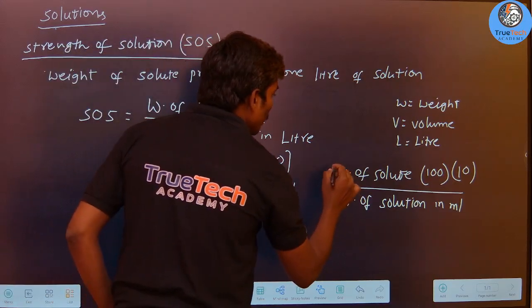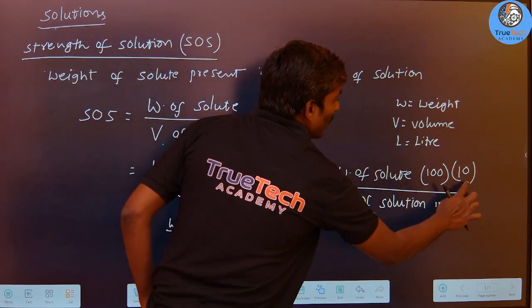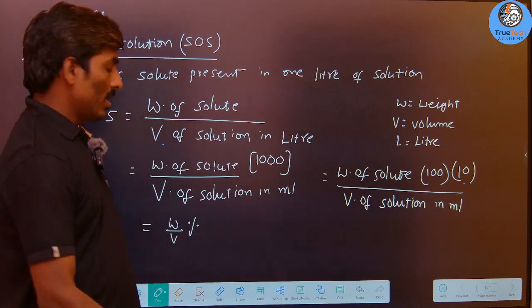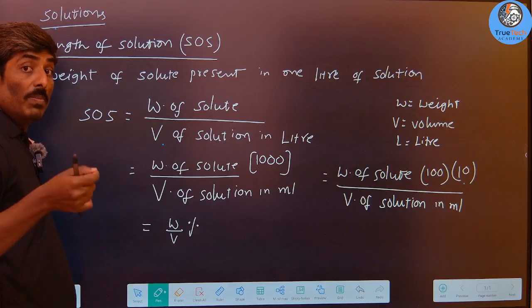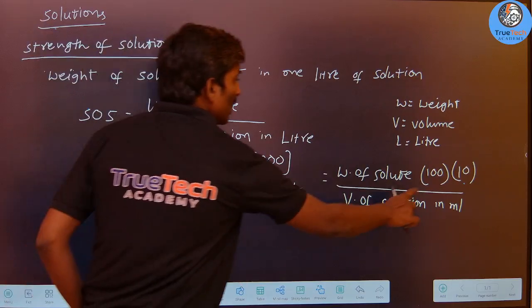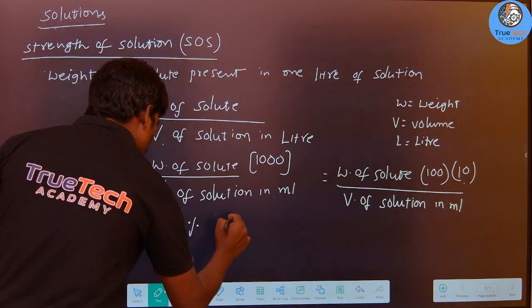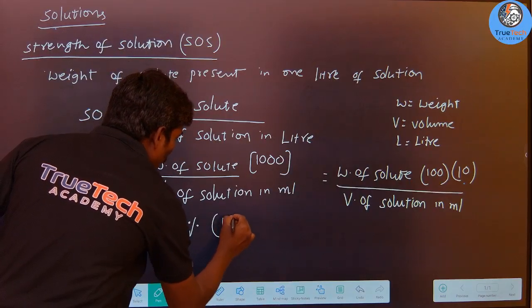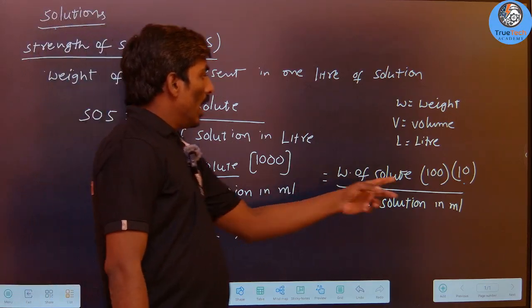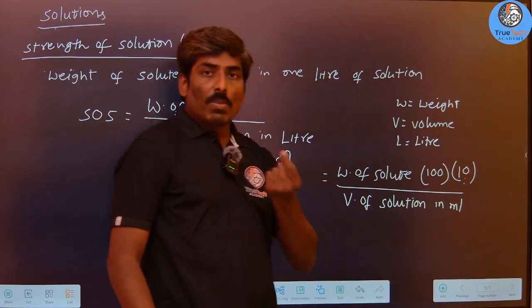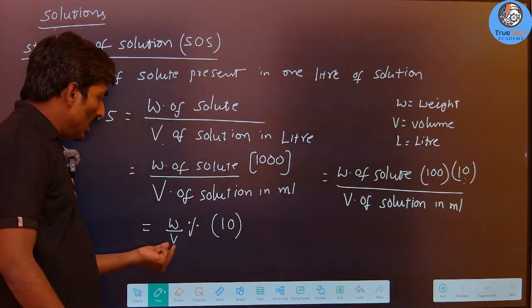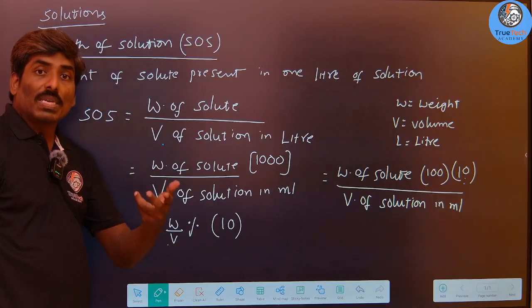So up to this part, except this 10, this part indicates what? Weight by volume percentage, and the next one is 10 into. So except this 10, the remaining weight of solute into 100 by volume of solution in ml indicates weight by volume percentage.